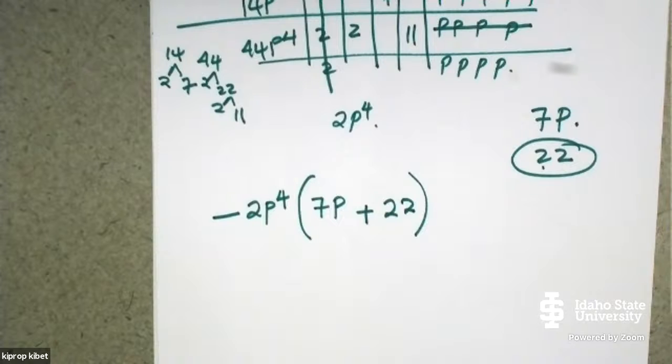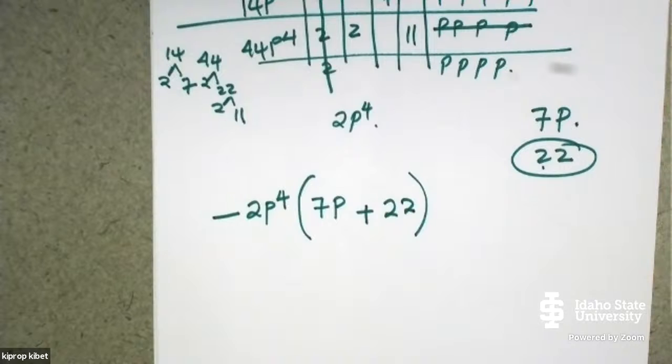So if you did this one, you still remember this long division. Let's say here is 44p raised to 4, and then you divide by 2p raised to 4.